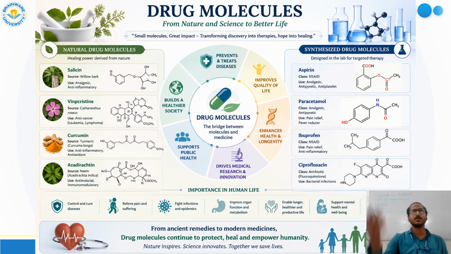Another very common naturally occurring drug molecule is ashwagandha, whose bioactive molecule comes from Withania somnifera, and another is eugenol, a bioactive molecule extracted from Ocimum sanctum, tulsi. And why is it not easy to synthesize natural drug molecules?